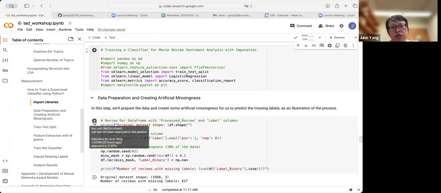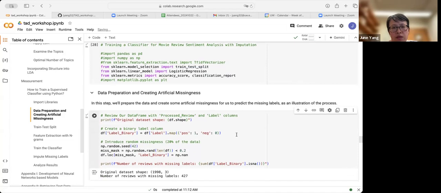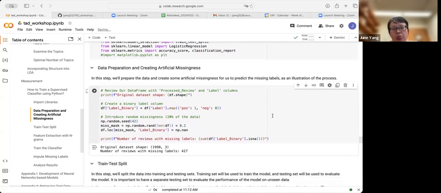I'm still using the movie reviews dataset that we are working on throughout this tutorial. But for illustration purposes, I'm going to insert some artificial missingness in the label. Remember, we have a label of positive or negative. I'm converting positive into 1 and negative into 0, and I'm replacing some of the data with missing data.